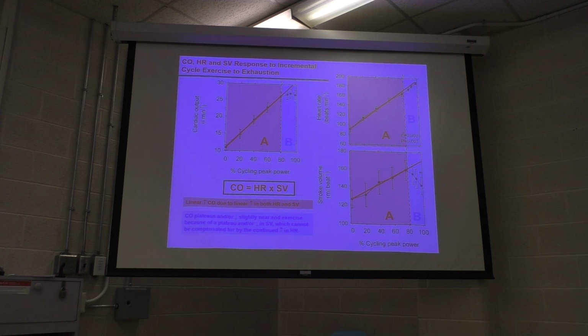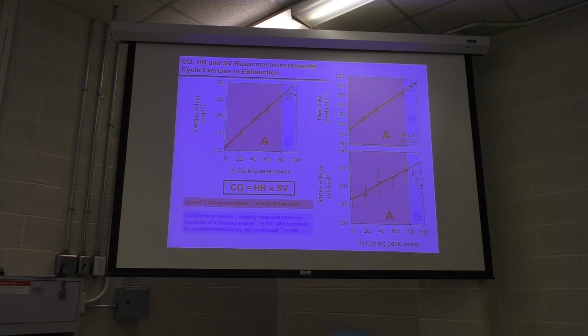So stroke volume increased nicely. Remember, stroke volume is the amount of blood that the heart's pumping out every single time it beats. So stroke volume goes up through the beginning of exercise, and then here at exhaustion, this should be raising your eyebrows. This is problematic, right? Because if we said the whole time, let's just get blood pressure high and jam blood through those blood vessels, but stroke volume is really sandbagging us here because it's going down and heart rate's doing its thing.